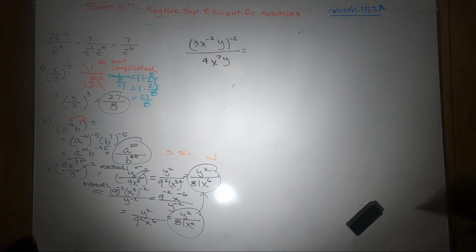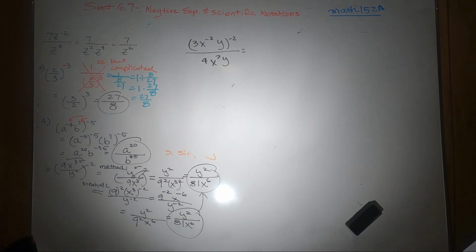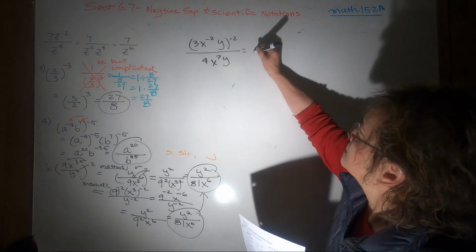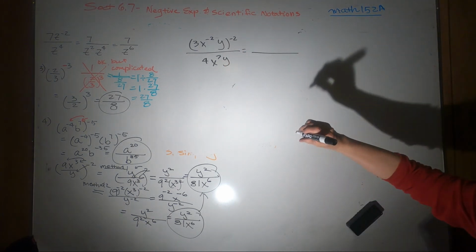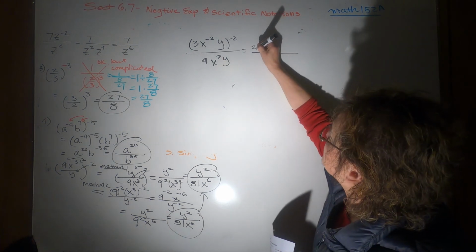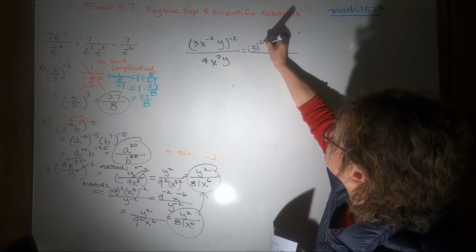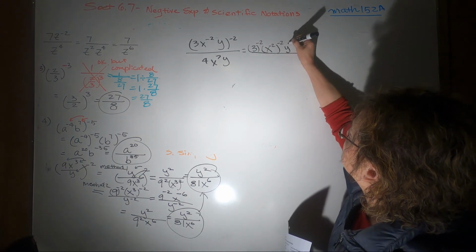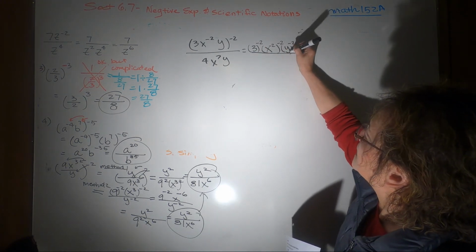That's kind of straightforward, and that's one way to do it for all the problems. So we have three things with the -2 power: you write 3 to the -2, x^-2, y^-2, right?